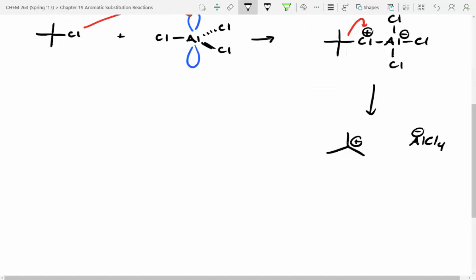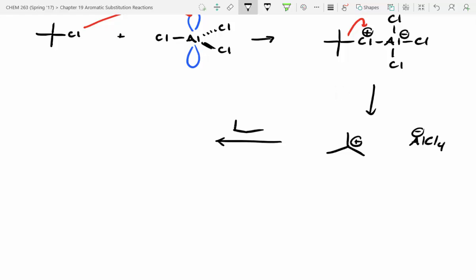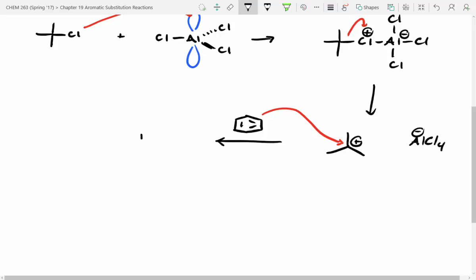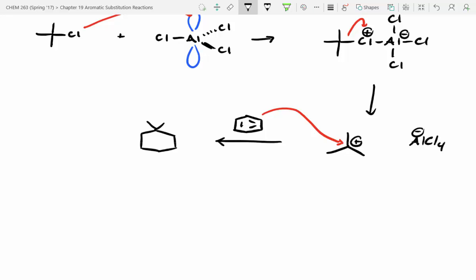Okay, next step, we've got this super good electrophile, our carbocation. And the benzene is going to attack that carbocation. We're going to form our sigma complex. And we still have this aluminum complex floating around that we know can act as a weak base.